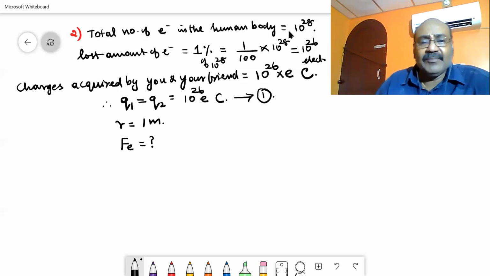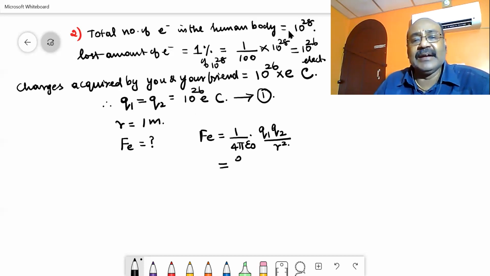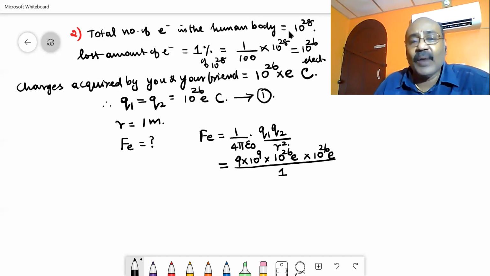We know that the electrostatic force between two bodies is given by the formula 1 divided by 4 pi epsilon 0 into Q1 into Q2 divided by R square. On substituting, instead of 1 by 4 pi epsilon 0, I can write 9 into 10 to the power of 9, into Q1 which is 10 power 26 E, multiplied with 10 power 26 E, whole divided by 1 square or 1.